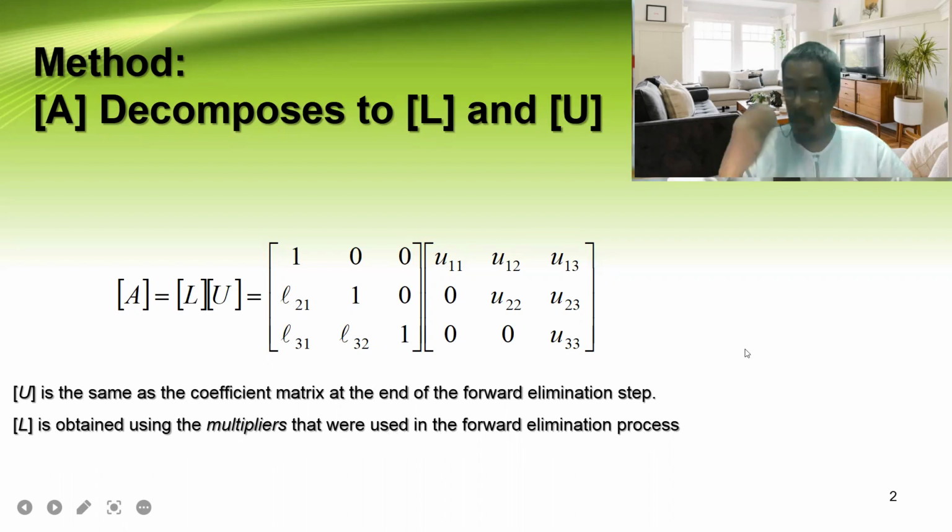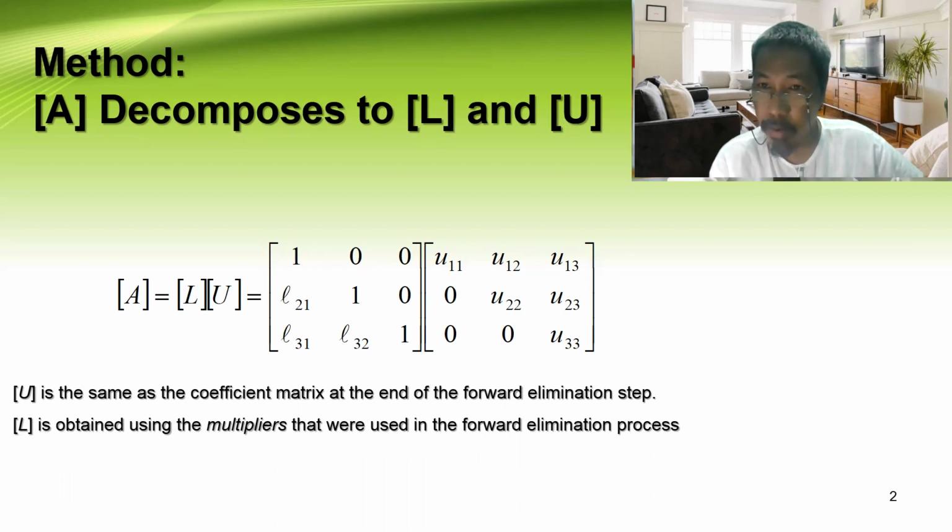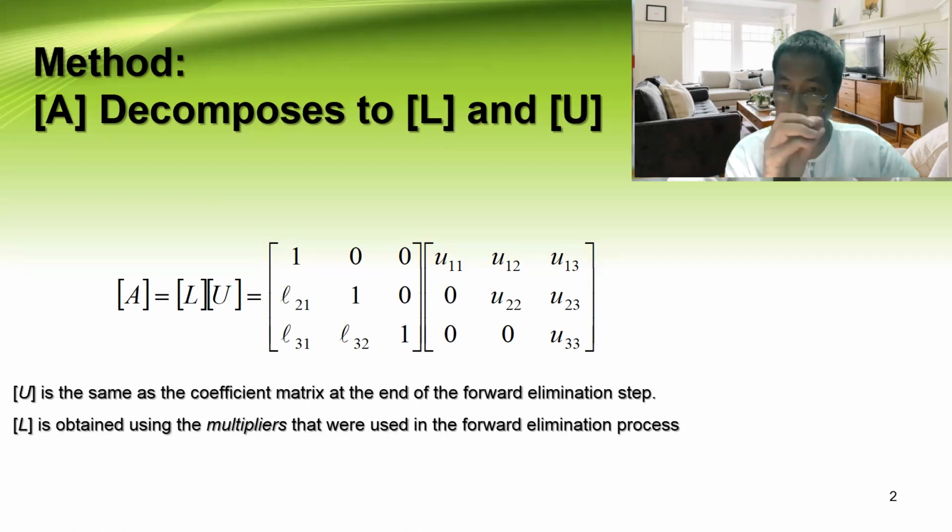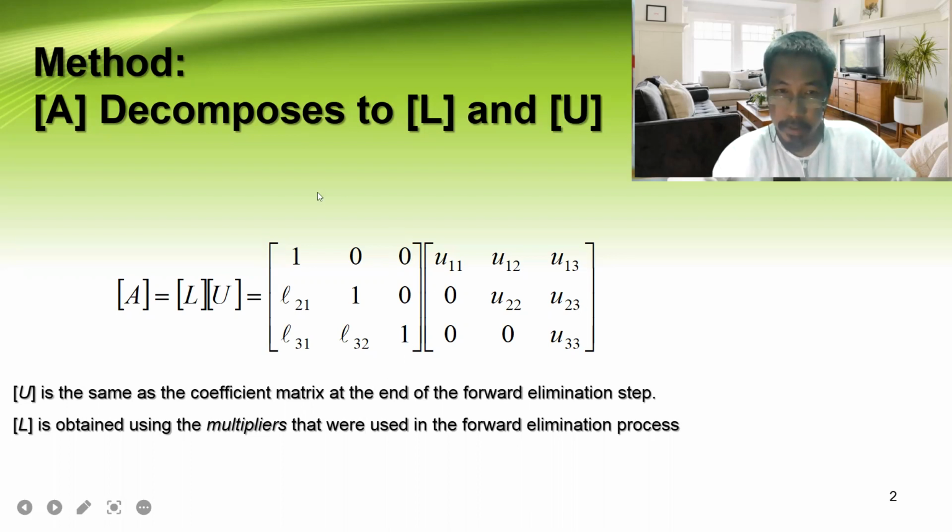So we already used the multipliers, therefore we will not waste those values and we save them in storage inside the computer, so that we can use them to determine the elements of the lower triangular matrix. Okay, so we already know those values.